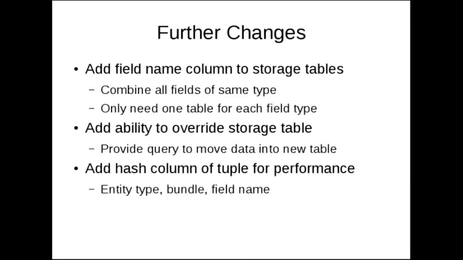So anyway, no reaction. What would really be cool, which I hadn't done but would be rather trivial, I believe, is if we added a field name to the storage table. You remember what the storage tables are, where your text values and all that kind of stuff go. It only has columns for the entity type and the bundle.